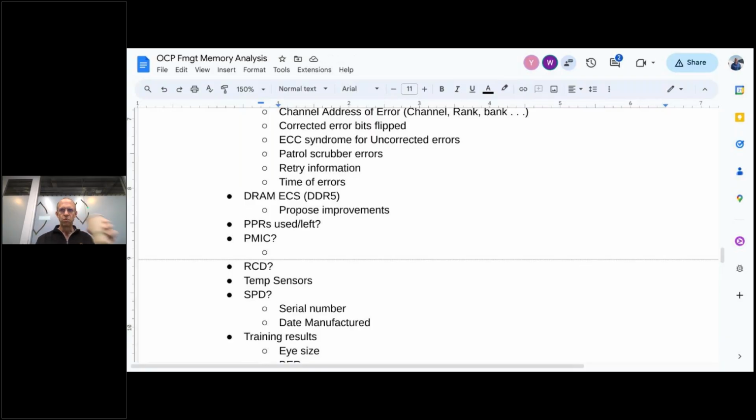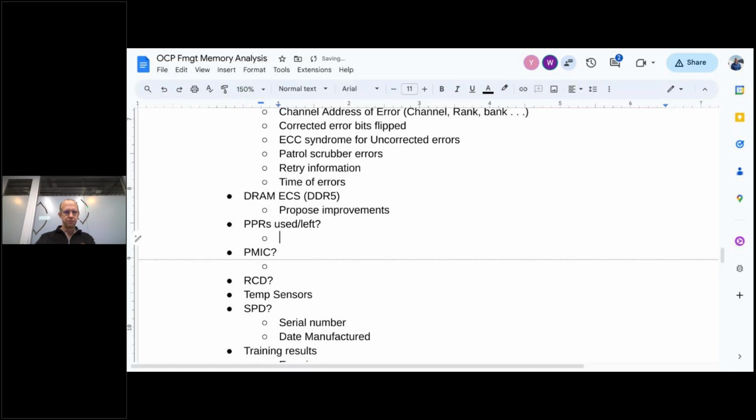We see if that could be the software PPR and hard PPR, right? Given the software PPR as the JEDEC defined, there will be only one PPR slot per bank. You use it once, or there is a use-out, right?